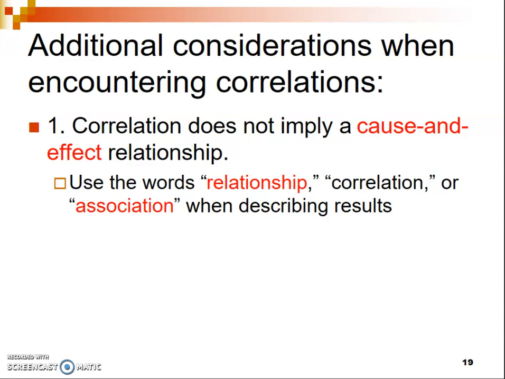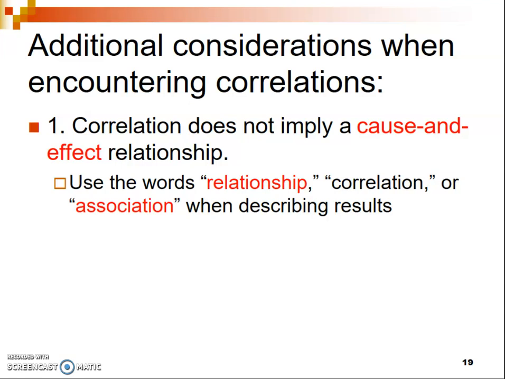We would never use the words effect or affect, any of those, because those imply a cause and effect relationship. Correlational analyses always just involve the measurement of two variables and seeing if those two variables are related. Since correlational studies never involve manipulation, we would not ever talk about the findings from those studies in a cause and effect sort of way.